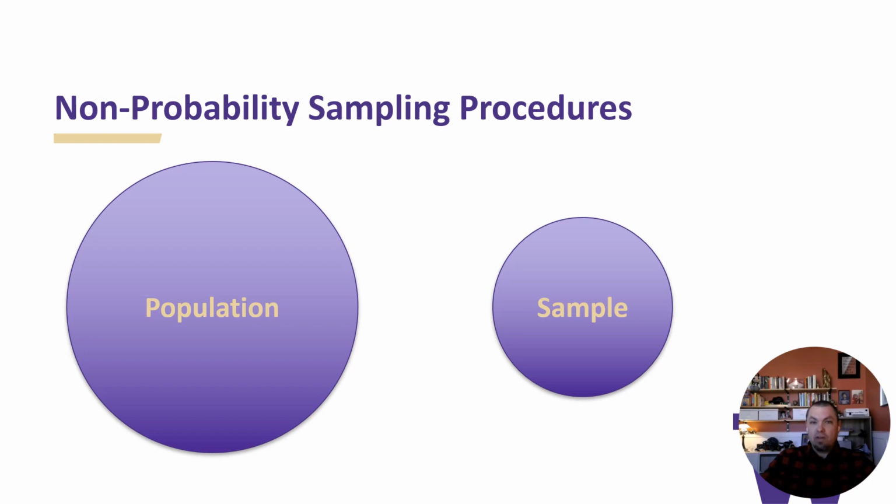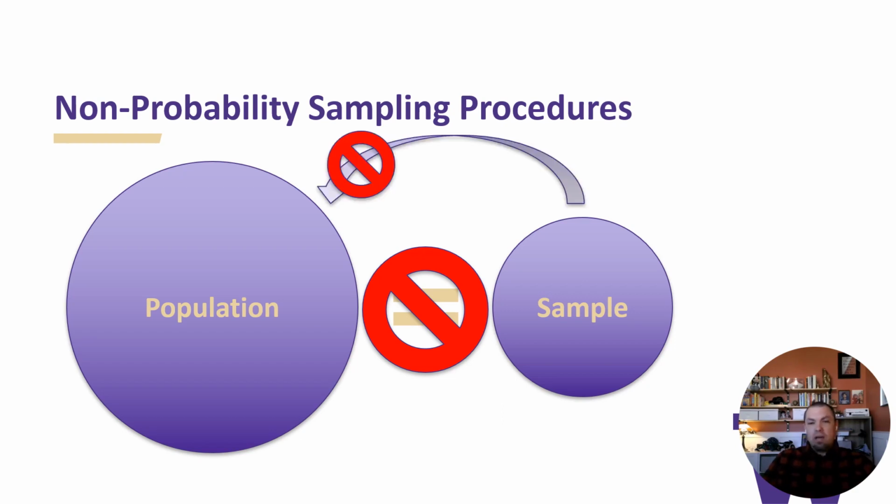Non-probability sampling, however, is not representative of the population. There's no assumption that the sample represents a specific characteristic about the population, so we just can't make inferences about the population based on the sample.